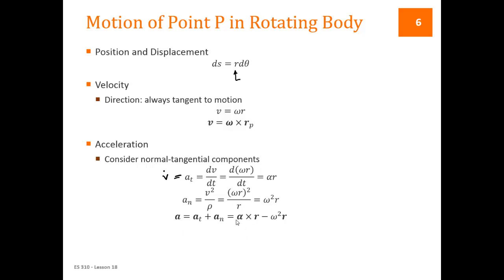And in vector notation with cross products, we get alpha crossed with r for the first term, omega squared, which is not a vector, times r, which is a vector. And there's a minus sign here to incorporate the fact that the normal is pointing towards the center of the circle.